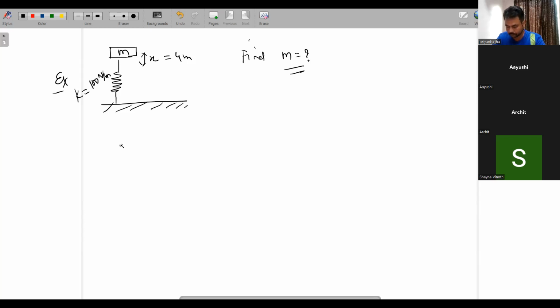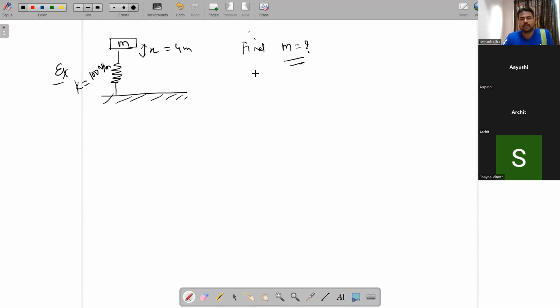So just 40, right? Sir, why 40? 4, so 4 kg, no? So mg equals kx. m into 10 equals 100 into 4.